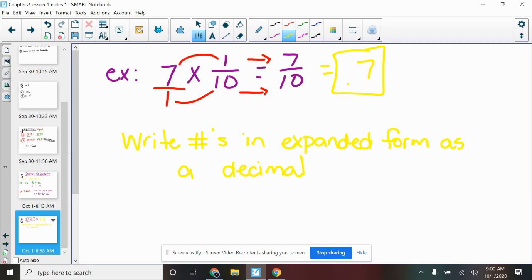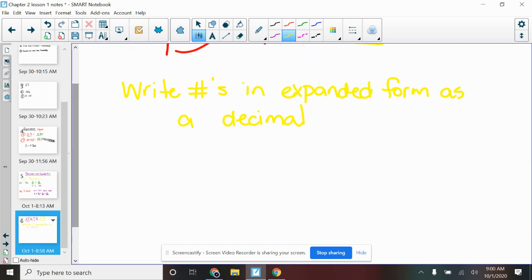Ready? Here we go. Try this example. Ready? 8 times 1 over 100. Does this have to be a decimal?